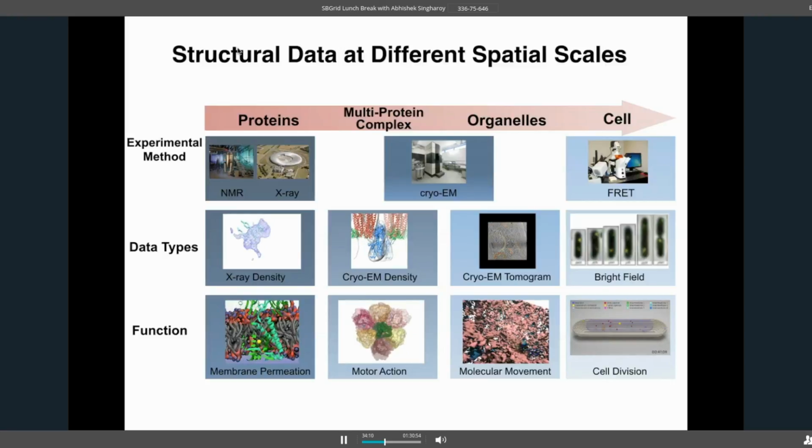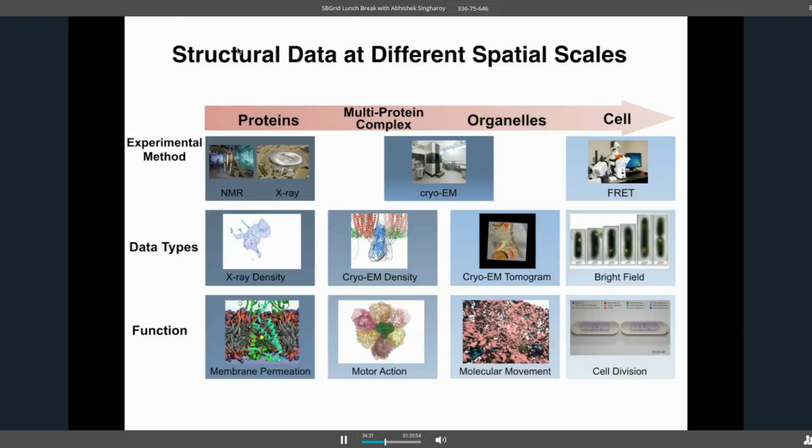Then you go on to cryo-EM and cryo-ET, where you start getting an idea about the overall organization of a system. Nowadays, with cryo-EM, we are getting information not only about the overall organization, but also about the positioning of the side chains, a lot more detailed information, but still cryo-EM and cryo-ET give you scales that are much larger at this point in time in comparison to X-ray crystallography.